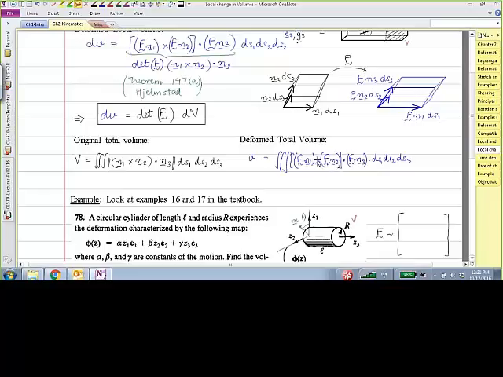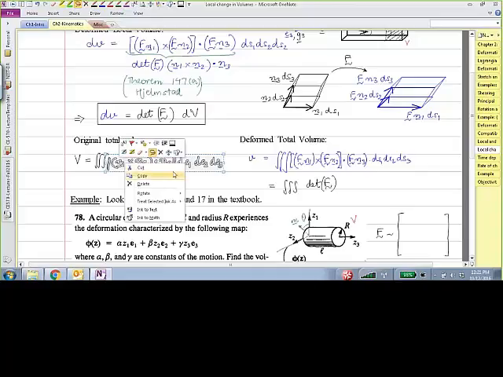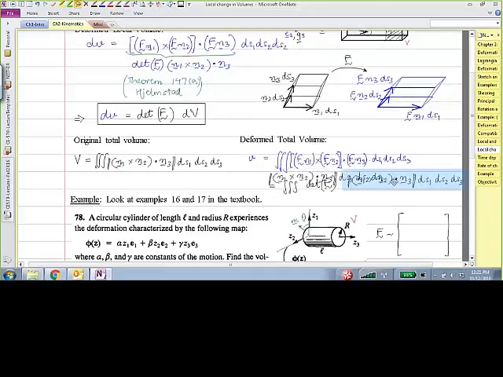If you don't know its parameterization, and if you want to calculate that volume only using the parameterization of the undeformed volume, you can simply write that as triple integral of determinant of F and the undeformed volume, which is this one right here. So let's see if I can capture that. Copy and paste. So both of these are equivalent ways of finding a deformed volume if you know the undeformed volume.